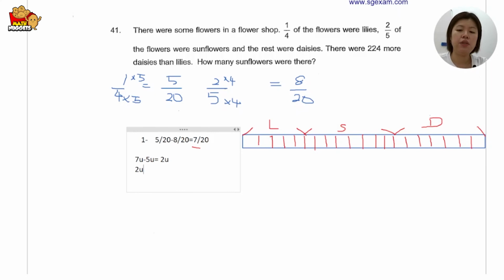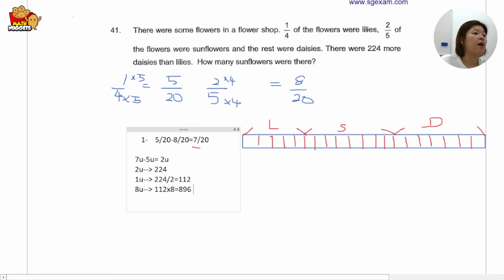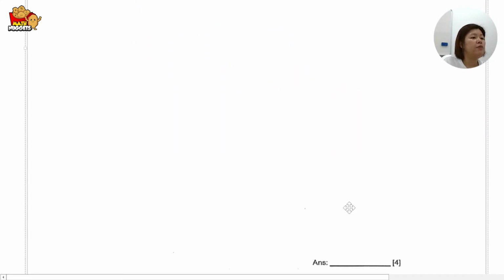So 2 units is equal to 224. 1 unit is equal to 224 divided by 2, which equals 112. Sunflowers is 8 units. So 112 times 8, 896. Okay, let's move down.